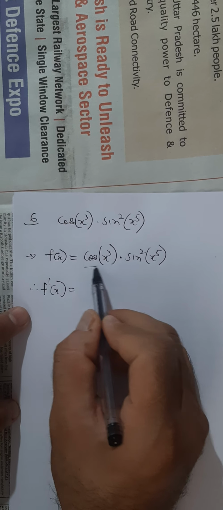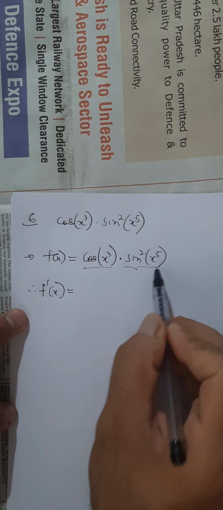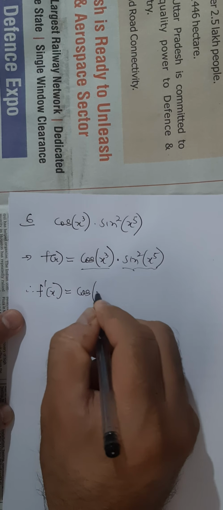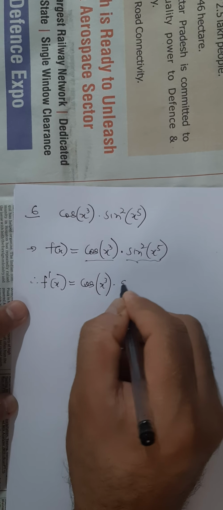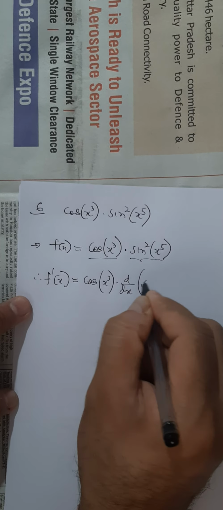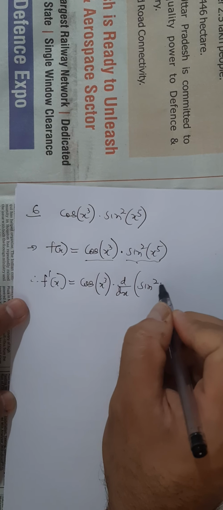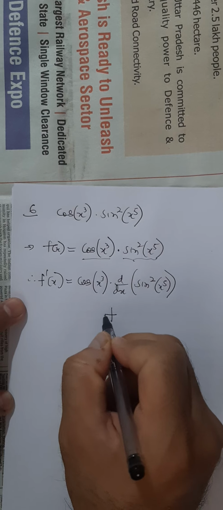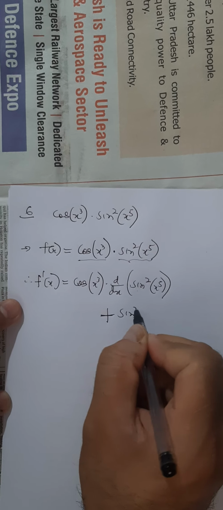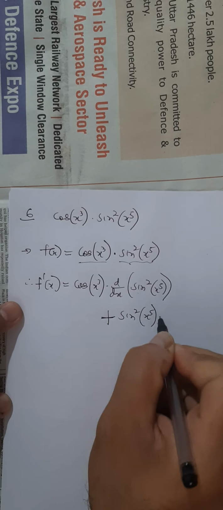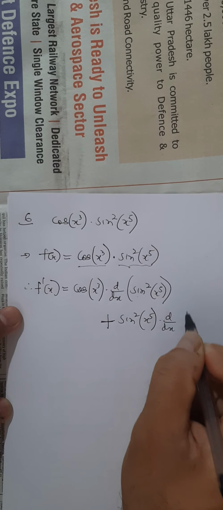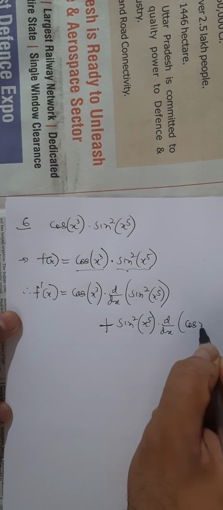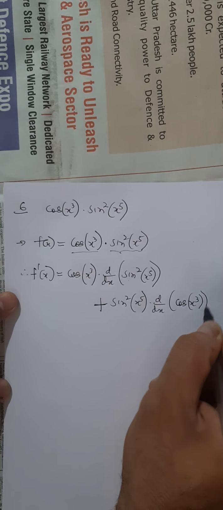We keep, for example, this one as it is, derivative of this. So I'm writing product rule, cos of x cube as it is, d by dx of sine square x raised to 5, plus now this one as it is, sine square x raised to 5 as it is, into d by dx of cos x cube. What I did, I've used simply product rule.